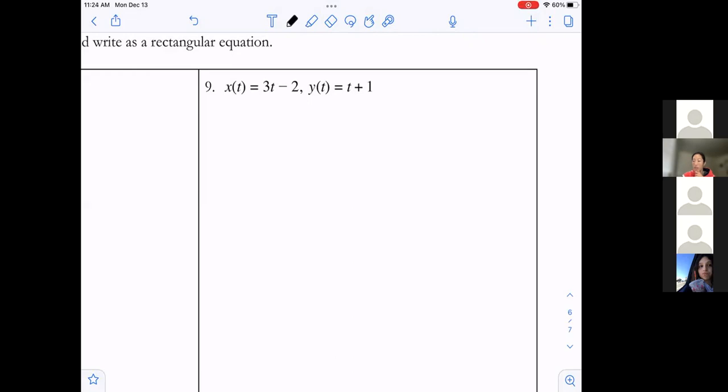And I'll give you think time. It's not easy to look at a problem and think about it right off the top of your head. I think here we can easily isolate t and set them equal to each other, because in the y one, you just have to move one to the other side.